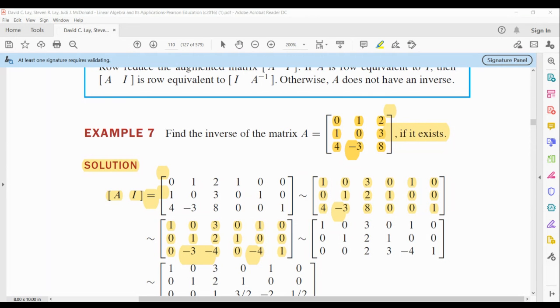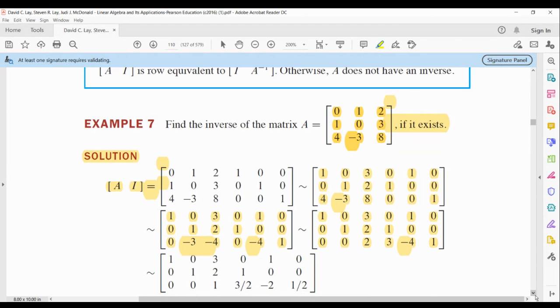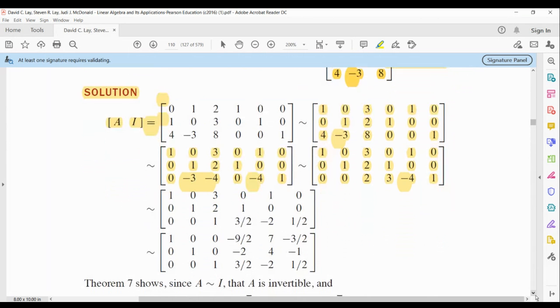They're trying to get the matrix A in reduced echelon form. Now you want a 0 where the -3 is. So they do a row operation to do that, but they do the same row operation on the identity. And then they do two more row operations.